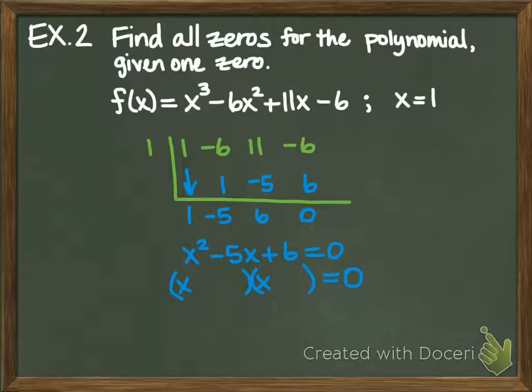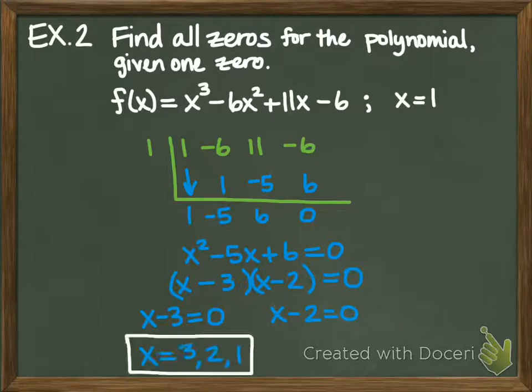And then I would try to find terms that multiply to get 6 and add to get negative 5. Okay, so that's going to have to be negative 3 and negative 2. So then I set those two factors equal to 0, and I solve. So x equals 3 and x equals 2, and the 1 that they already gave me. So 3, 2, and 1 are all of the zeros for this polynomial.